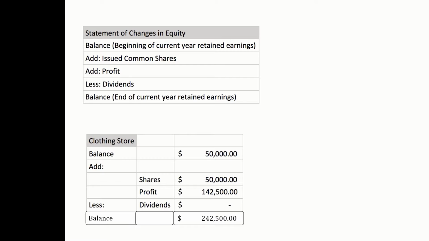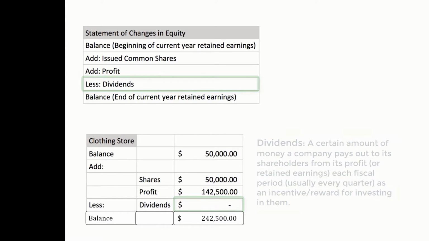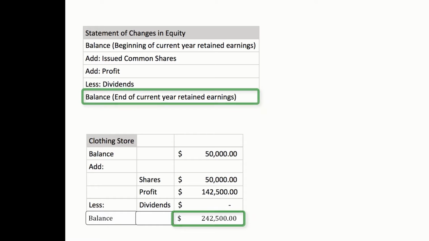The next line is how much was paid out in dividends. And a dividend is a certain amount of money that a company pays its shareholders as an incentive for people to invest. Now, let's assume that the store hasn't paid out any dividends, and so this line will read $0. Finally, everything is added up to give the final retained earnings.